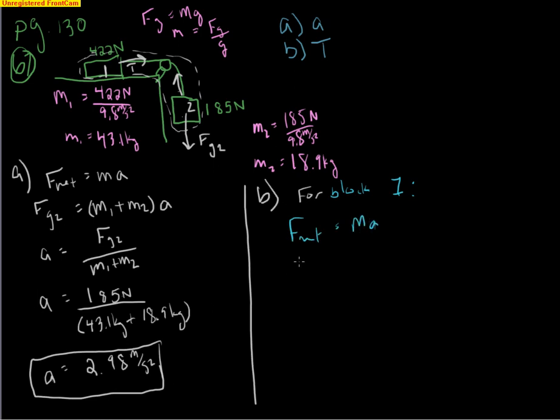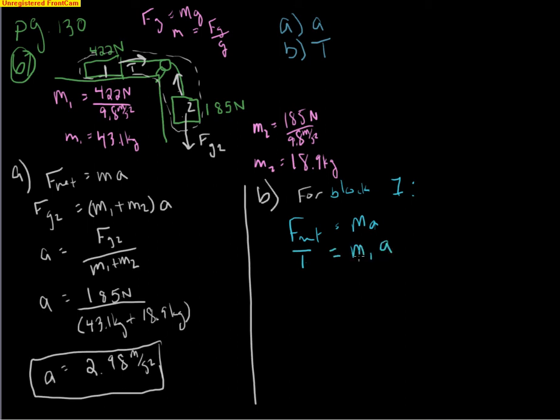And block 1, the reason why I said it was a little easier is because the only forces acting on block 1 are gravity, the normal force, and the tension. And in this case, gravity and the normal force will cancel out. So our net force ends up just being the tension. So that equals the mass of block 1 times A.